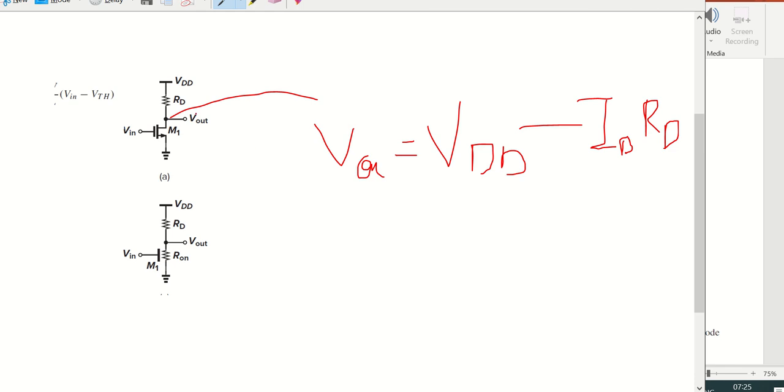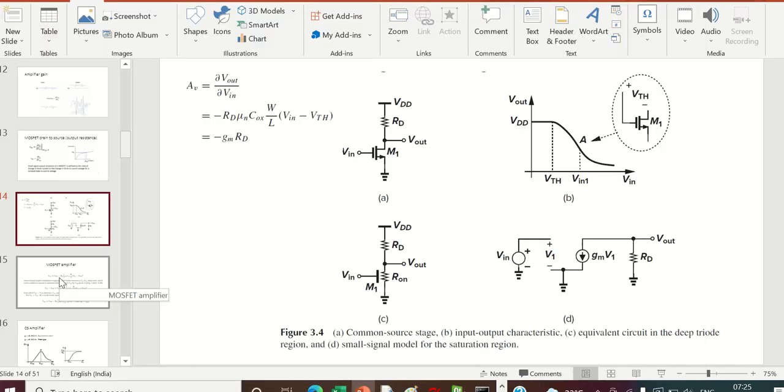This is simple current division. If you do that, you will get this voltage at this point. Now VDD you already know, so let us see how that formula works.